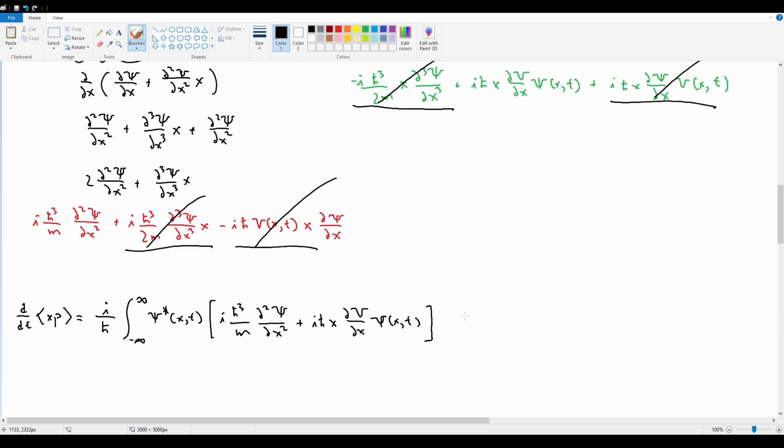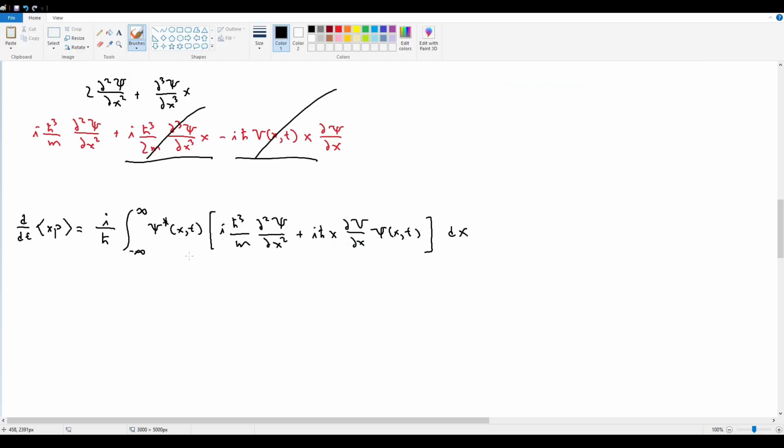Okay, and now what we can do is we can turn this back into a standard expectation value expression by moving the psi back out to the right. So this is going to become, let's actually write this out because this is gonna cause some offsets. i h bar cubed over m d2 by dx squared plus i h bar x dv by dx, like that, and then we move the psi back out.